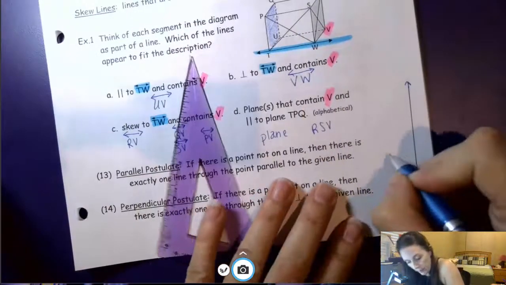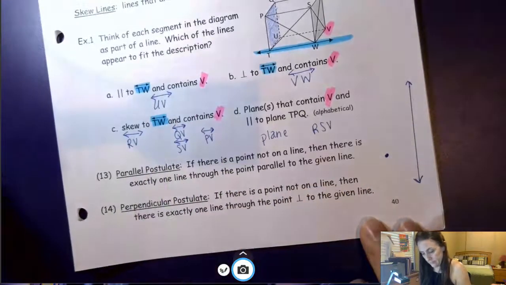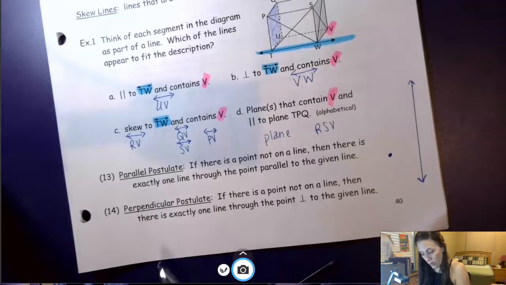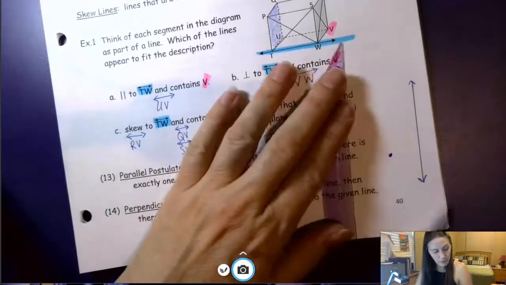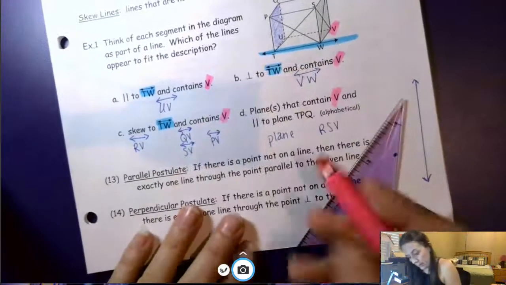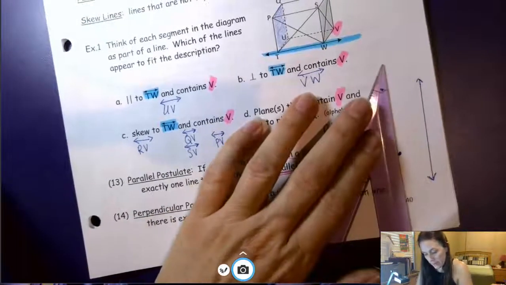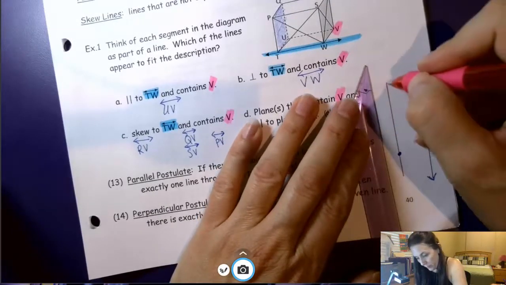Let's say that there's a point out here not on that line. There is exactly one line through that point that's going to be parallel. So I'm going to draw that right here. I'm going to make it pink. There will be exactly one line that would be parallel going through that point.